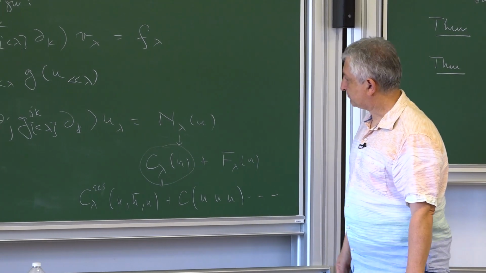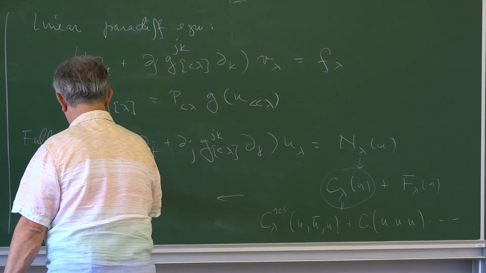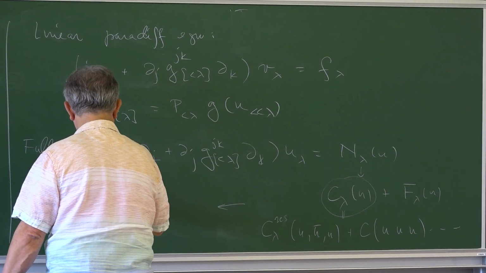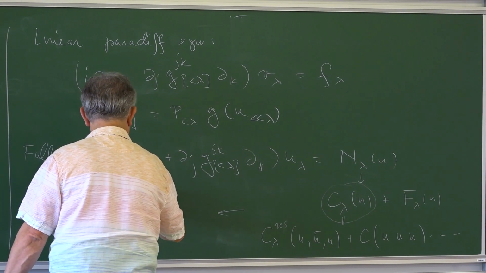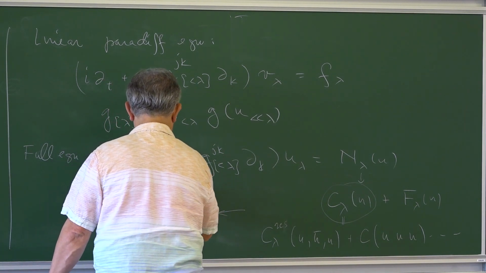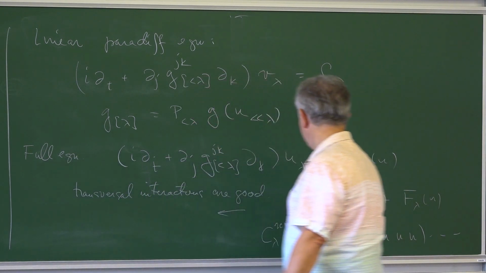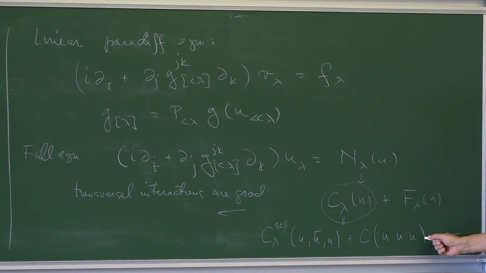So in here we have two kinds of interactions which are good. And then the other kind of interactions which are good are non-resonant interactions.